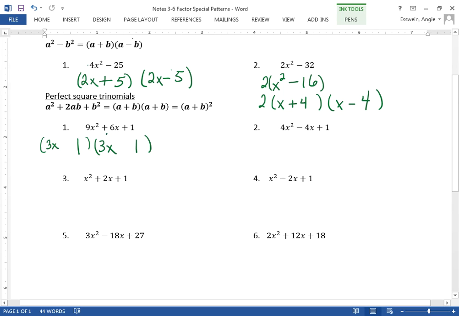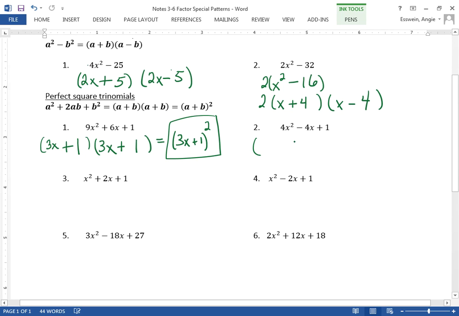So whatever the sign is in the middle is the sign that both of them will have. And see, that works because you get 3x and 3x is 6x. So then you write it, your final answer is quantity squared. That's a perfect square. That's why they're called perfect square trinomials. A trinomial because there's 3 terms and you write it as a perfect square.